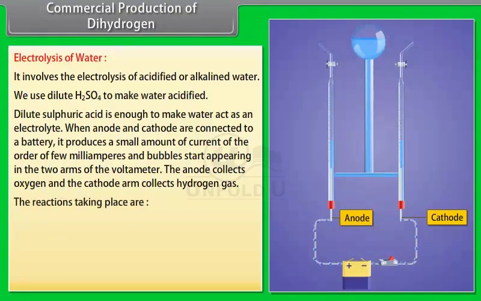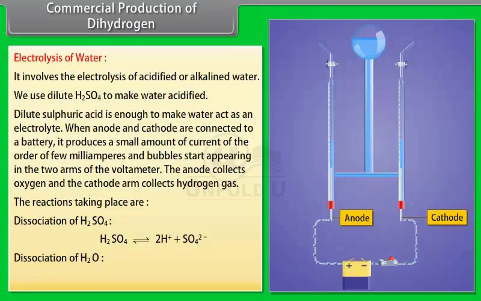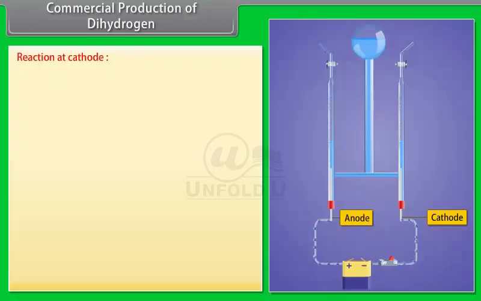The reactions taking place are dissociation of H2SO4. H2SO4 gives 2H+ plus SO4 2-. Dissociation of H2O. H2O gives H+ plus OH-. Reaction at cathode.